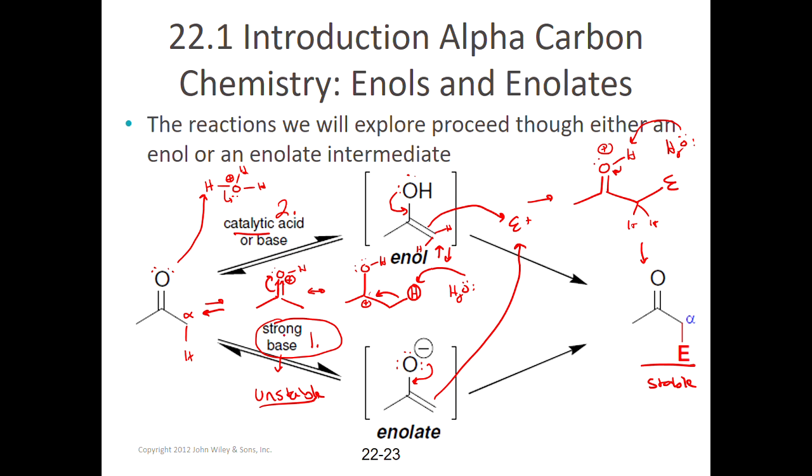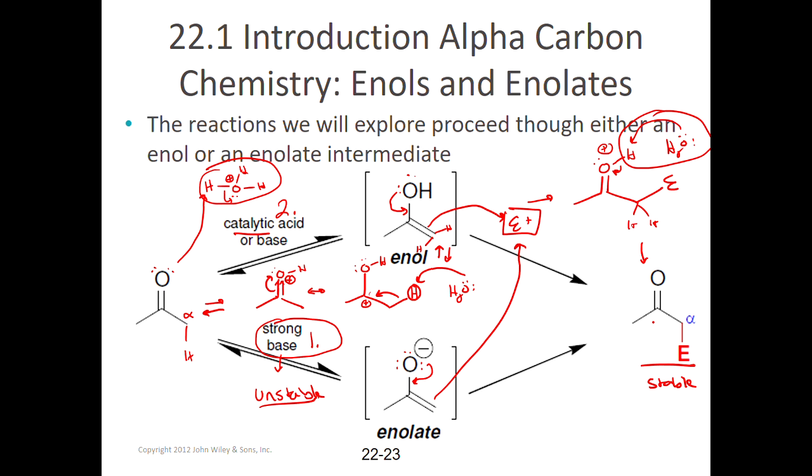The stronger the base, the more unstable the reactant, the more the equilibrium will favor the products. In the acid catalyzed version, though, my most unstable substance is regenerated in the end. So I can't use that to control which side of the equilibrium is favored. In that case, it's going to depend on how unstable the electrophile is. If the electrophile is particularly unstable, usually this reaction will favor the products.